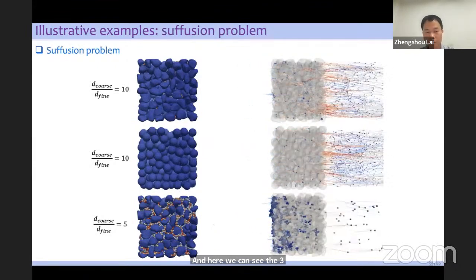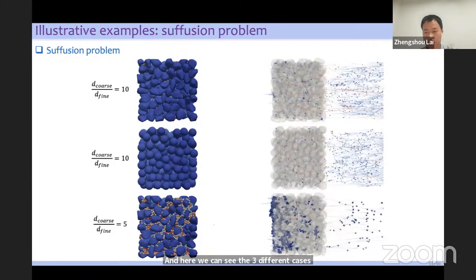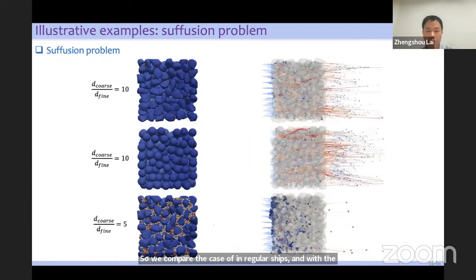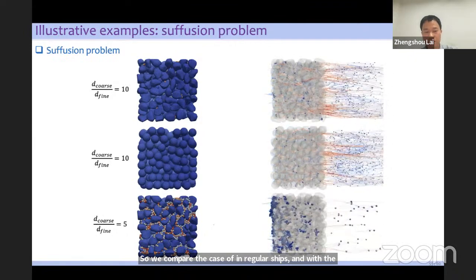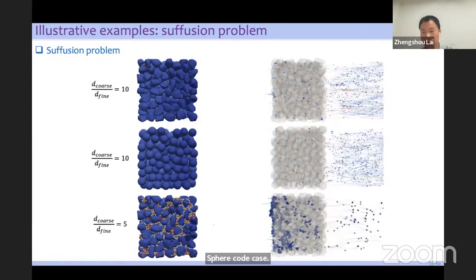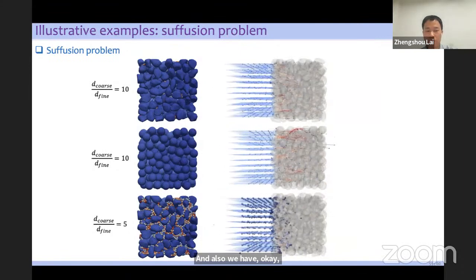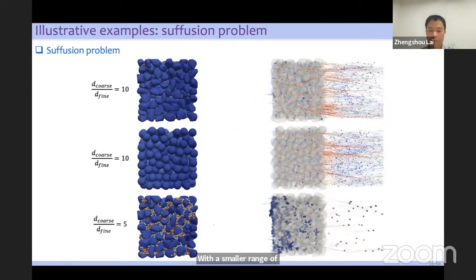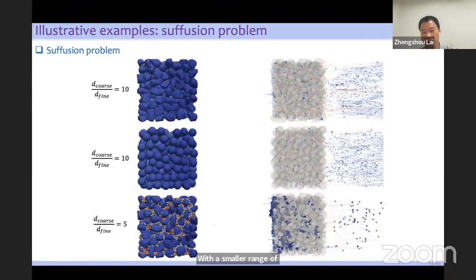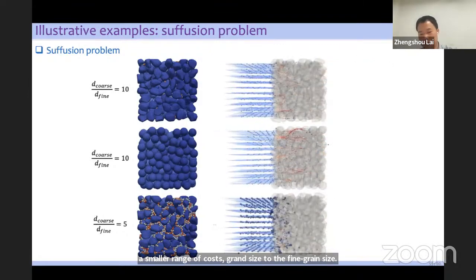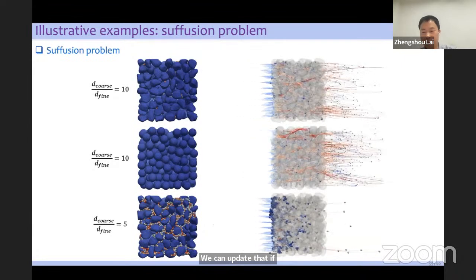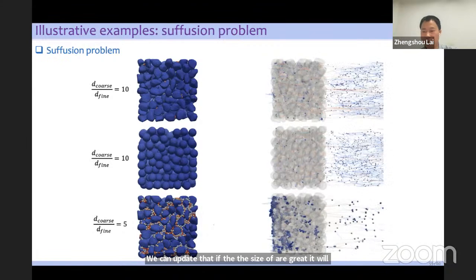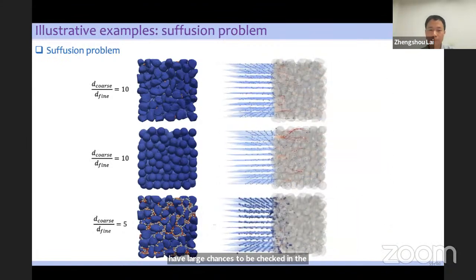We compare the case of irregular shapes with the spherical case. We also have a case where the fine grains are larger, with a smaller ratio of coarse grain size to fine grain size. We can observe that if the size of the fine grains is greater, they have a larger chance of being trapped in the voids of the coarse grains.